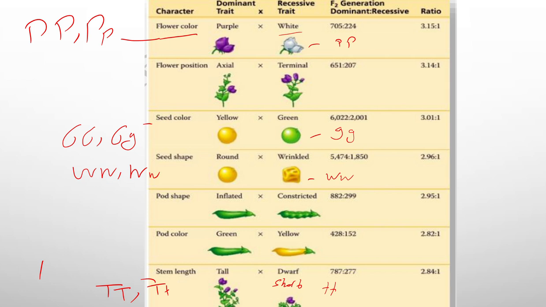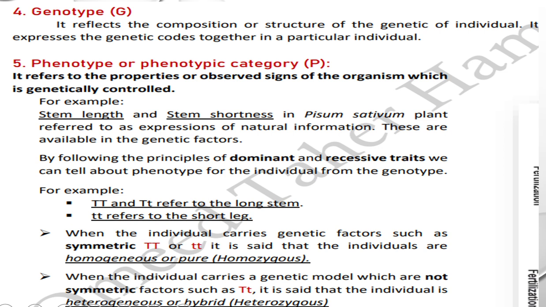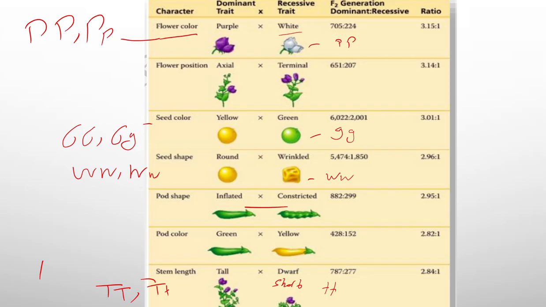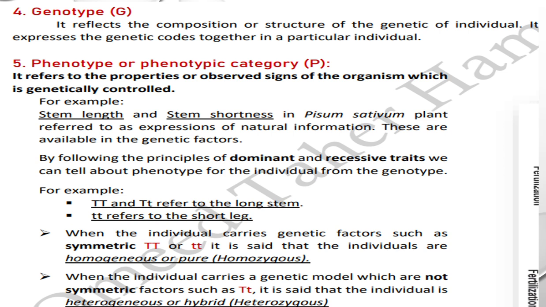So if we go back to the topic we had here, we said the stem length and shortness, and we have the dominant and recessive ones. For the dominant we use T capital, T capital, or T capital, T small, and for the short stem, T small, T small.